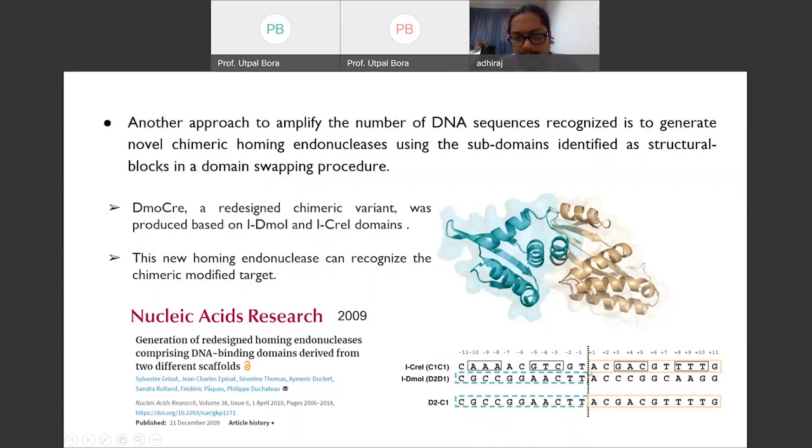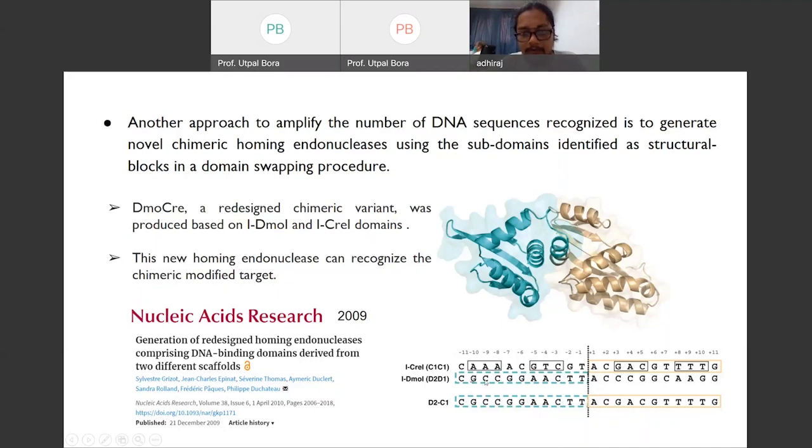So if you see, this is the sequence here, and DmoI is the sequence given below. Now the variant, the chimera, which targets the sequence is given here, where the right part of the sequence given in yellow, you can see it is derived from I-CreI, right? The target sequence has changed to this, and the first part, this in blue, belongs to this DmoI.